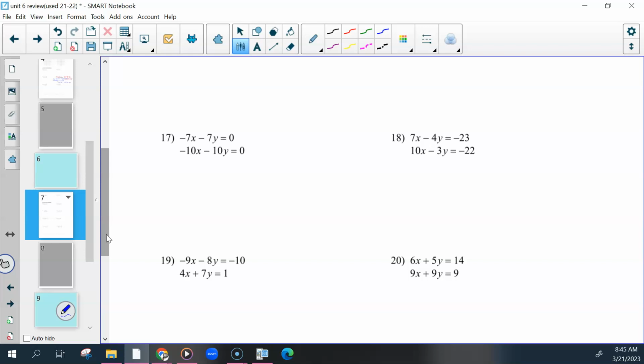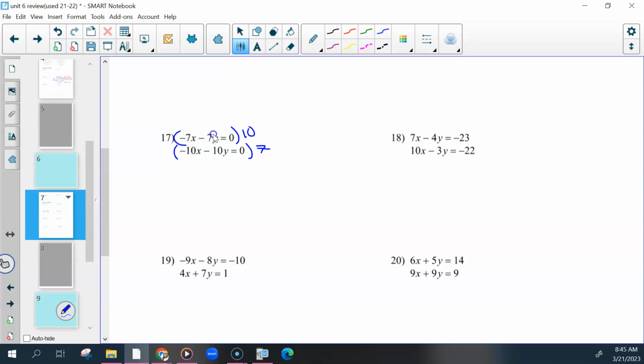Okay. If we're getting rid of y, these need to be the same. So we need to multiply them to be the same thing. We could multiply the top by 10 and the bottom by 7. I feel like that's the only thing that would work, but I could be missing numbers. Remember that when you're multiplying, you multiply it to everything in there.